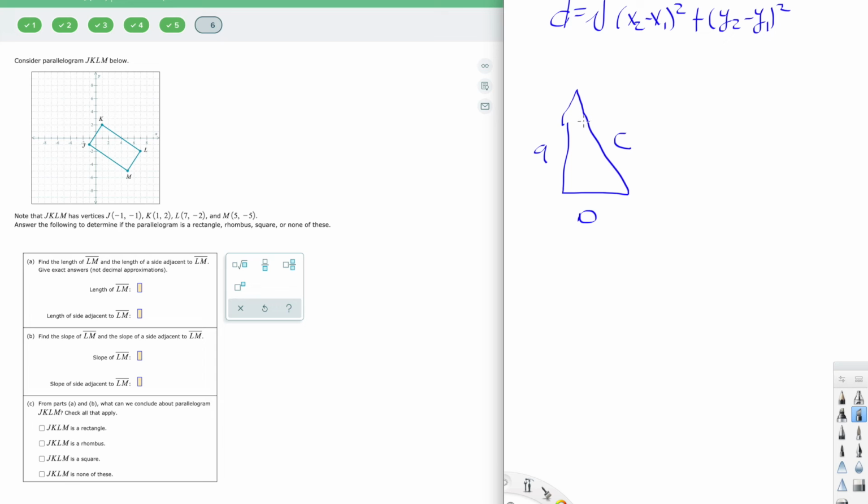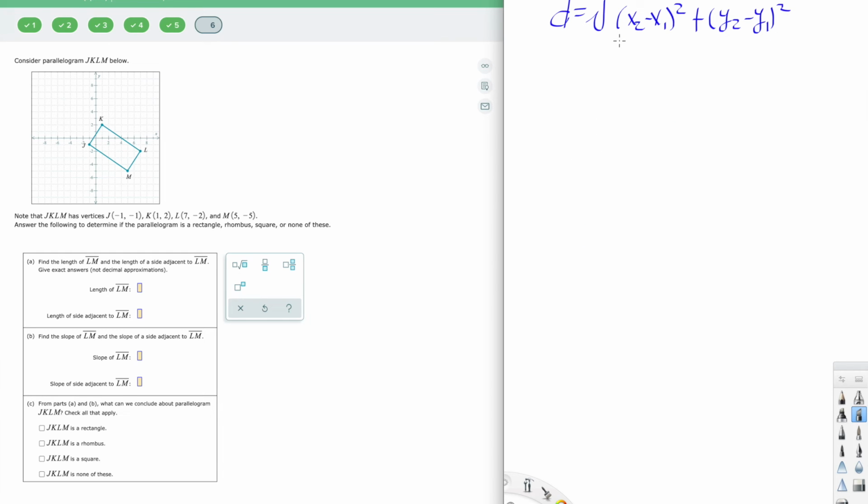A squared is the change in y, b is the change in x, because it's left or right. And c is the distance we're looking for, so that's why it's d. But instead of d squared, we're taking the square root of the other side, so I just have d on this side. So it's just a little background. Where does the distance formula come from? It's the Pythagorean theorem.